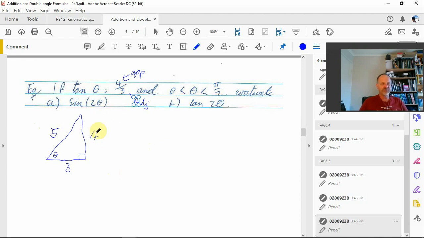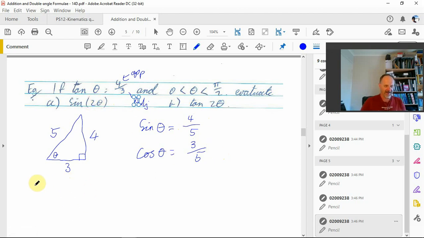So now we're going to use this triangle to find some things. We already know that tan theta is 4/3, and from that triangle we know that sine theta is opposite over the hypotenuse, and cos is adjacent over the hypotenuse, and so there's those. So now we can use these when we're doing these.